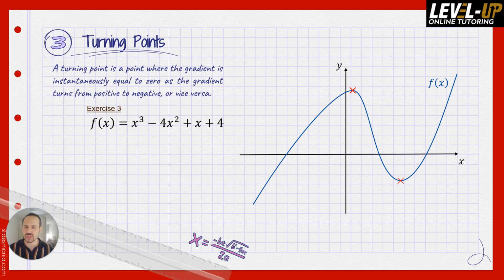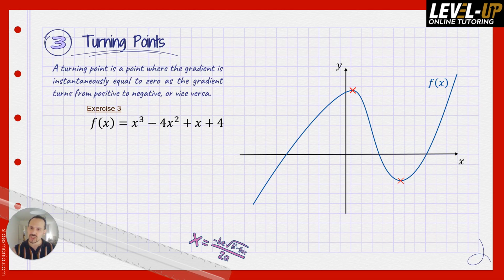Say this function is this cubic equation. You might already identify from our previous lesson on cubic equations that it has that shape. We can now differentiate this using the rules we learned earlier.